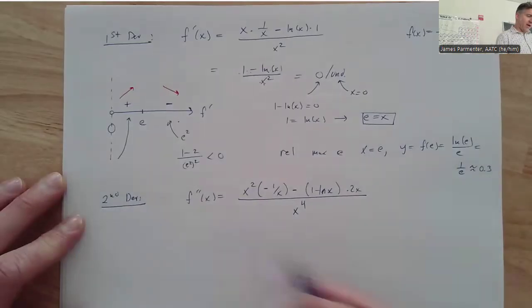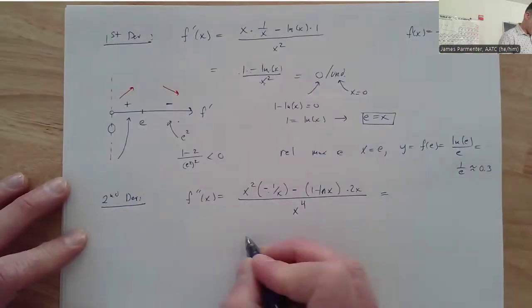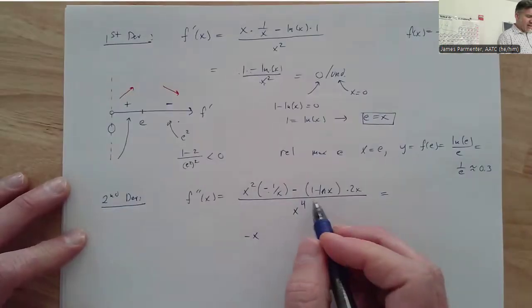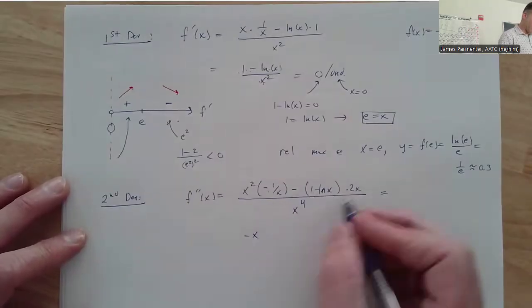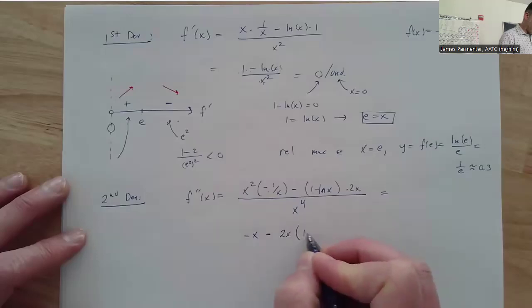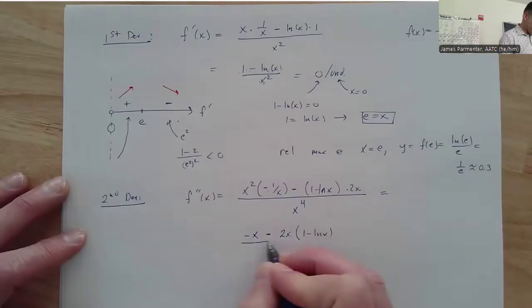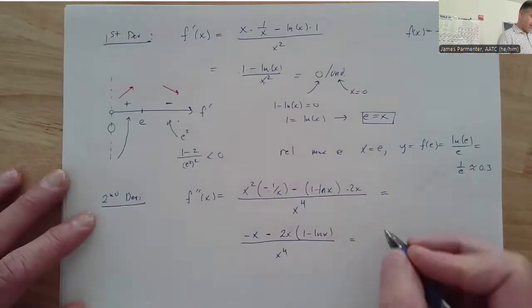So simplifying here, the x squared times -1 over x is going to give me a negative x. And then, let's write this as minus 2x times 1 minus natural log of x. Maybe I should have factored out the x right there. Let's factor out the x here.